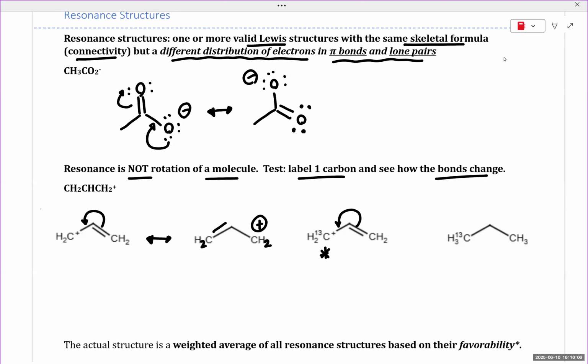You can see that when we draw out our resonance structure, there is now a new carbon-carbon double bond connected to this labeled carbon. So resonance structures aren't just rotating our molecule, we're looking at different distributions of electrons in our pi system. There's a different bonding arrangement in terms of our double bonds and a different distribution of our pi electrons.